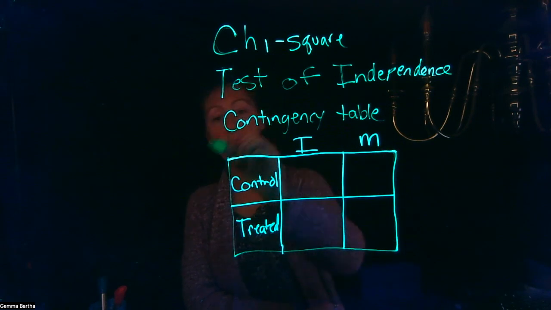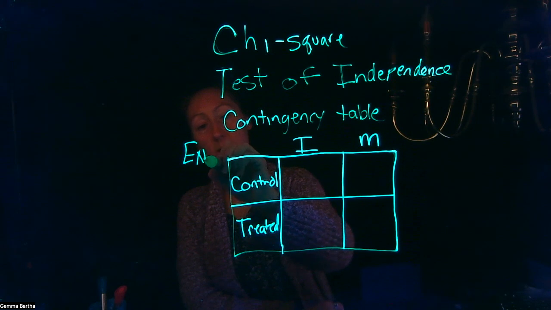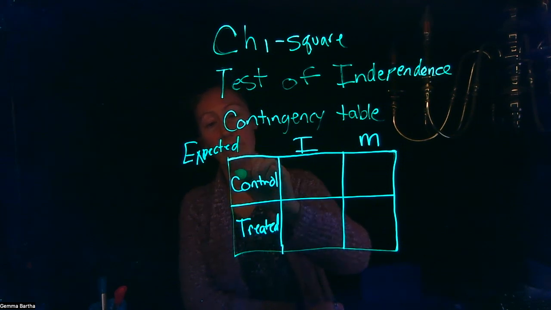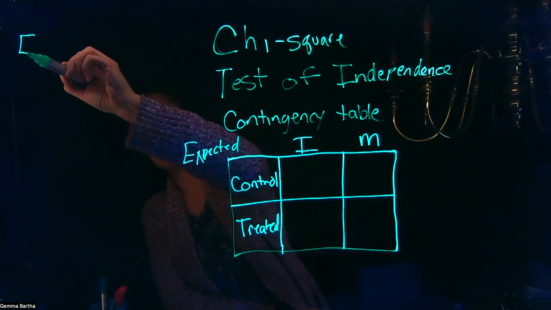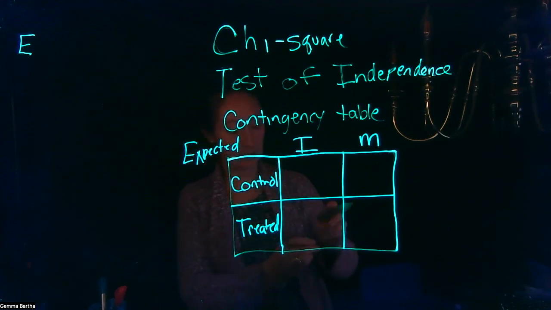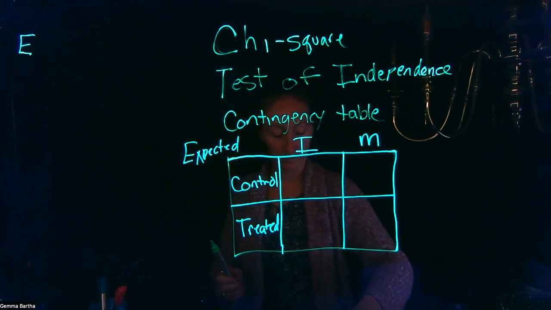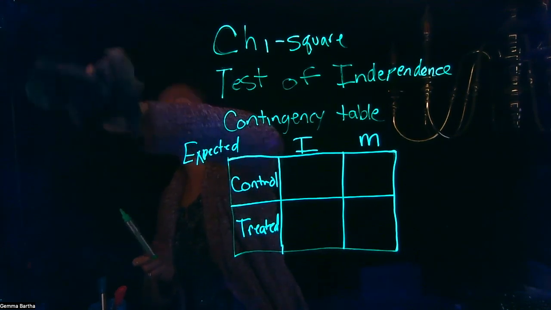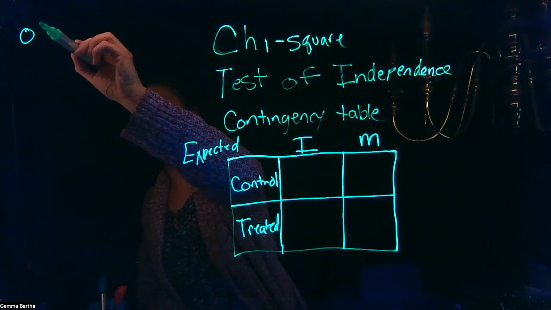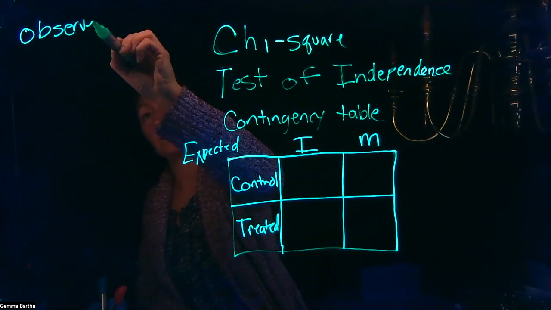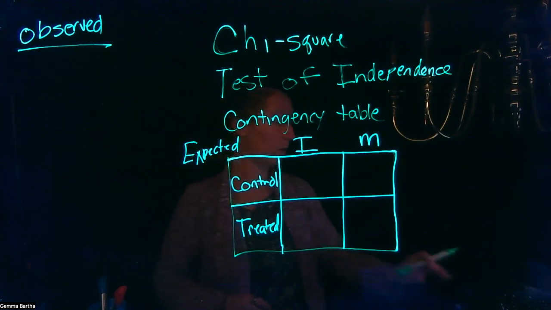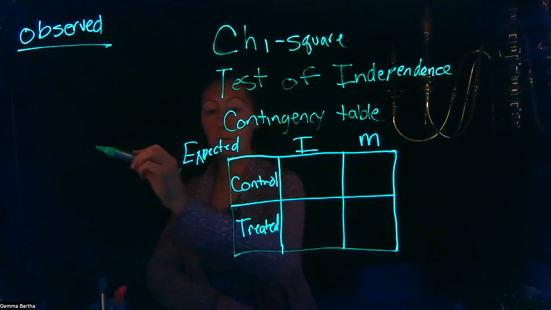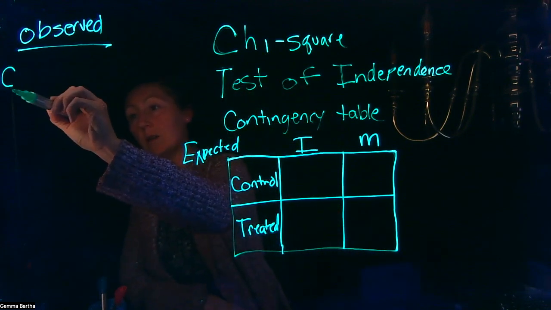So in order to figure out your expected values, now remember, we're going to put our expected values up here. Actually, let's put our observed. Okay, so our observed values, again, we have our control.